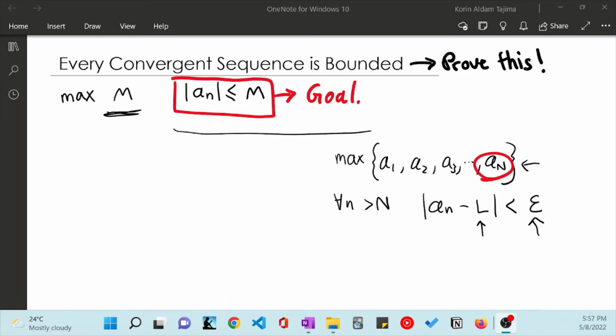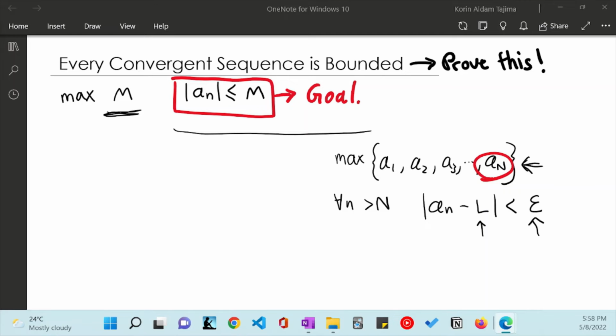So how do we use this limit definition to prove that after a sub capital N, again it's this here, that after that value there's a maximum? Well, it's kind of intuitive that because they're all within a certain margin of epsilon, that they're not going to diverge anywhere, right? But we need to provide a more rigorous proof of that.